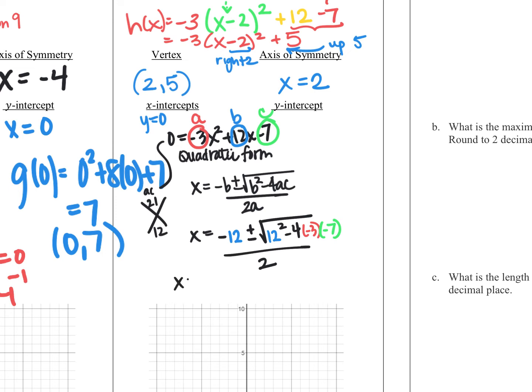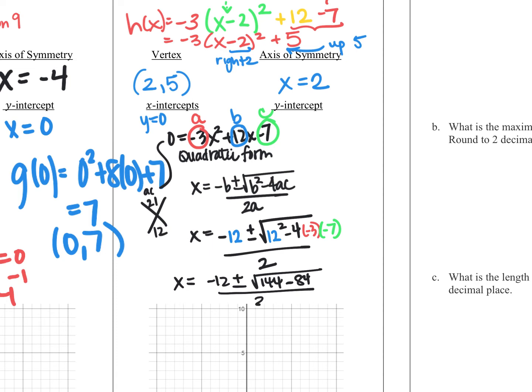And so we're going to get x equals -12 plus or minus the square root. We'll have 144 there. And then the 4 times -3 times -7 will be 12 times 7, which is 84, and that will end up being -84.